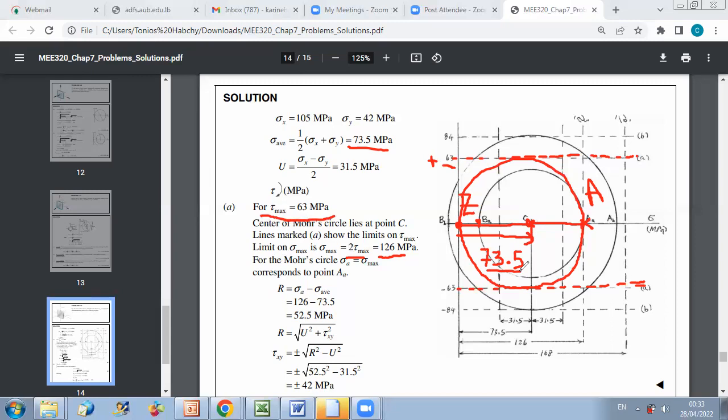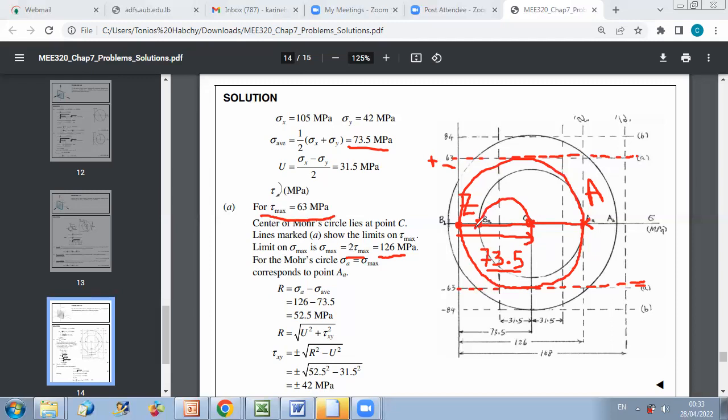Since this radius is smaller than sigma average, any of my circles will have a radius smaller than 73.5. So my point B will be of positive coordinate, because the distance from C to B should be smaller or equal to 63.